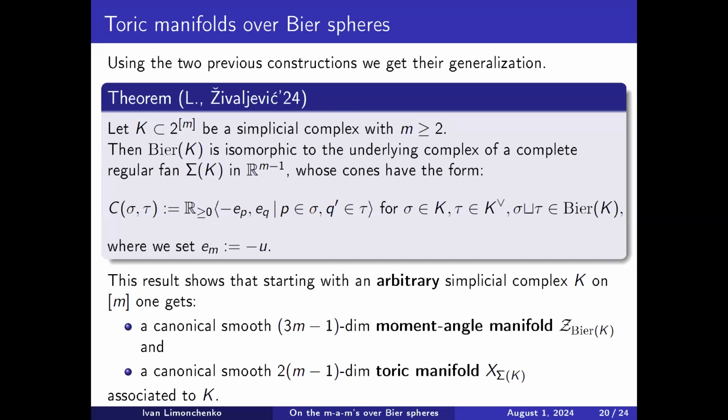The complex one has dimension 3m minus 1. At the same time, you now have a canonical smooth toric manifold, and its dimension is 2 times (m minus 1). So starting with an arbitrary simplicial complex K on M, you end up with a certain toric manifold.